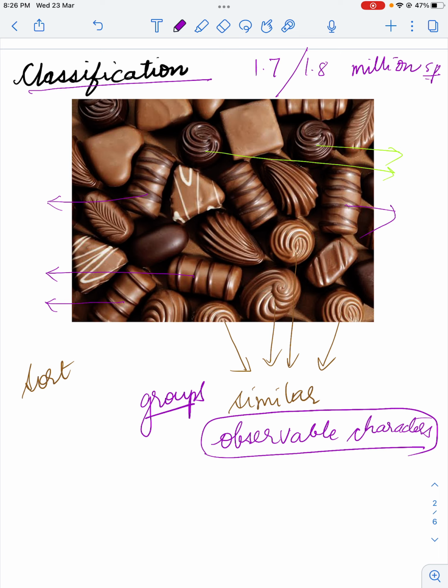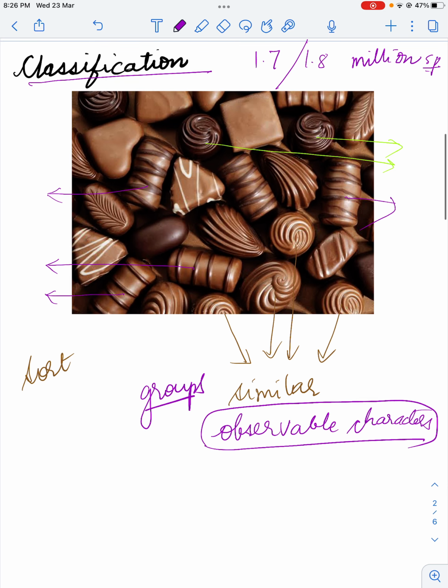So let me reiterate: since it is nearly impossible to study all living organisms which inhabit the earth, it is necessary to think of some means to make this possible. This process is called classification.